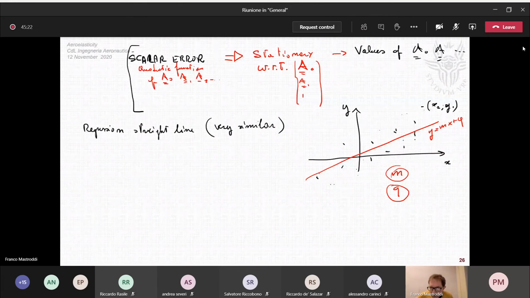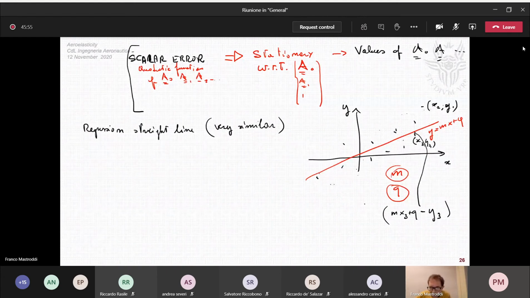This distance here is, in this case, mx3 plus q minus y3, which is this ordinate minus this ordinate.